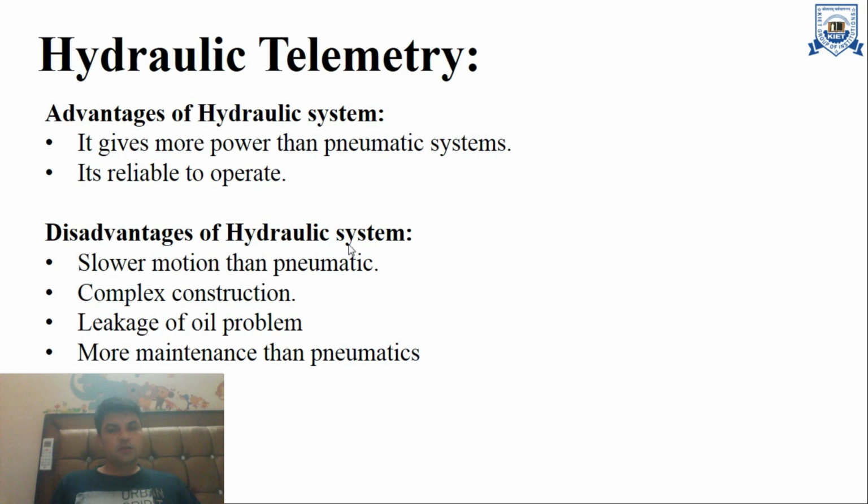Disadvantages of hydraulic systems: slower motion than pneumatic systems, complex construction, and a leakage problem is also there, but it can be detected. It requires more maintenance than pneumatic systems.